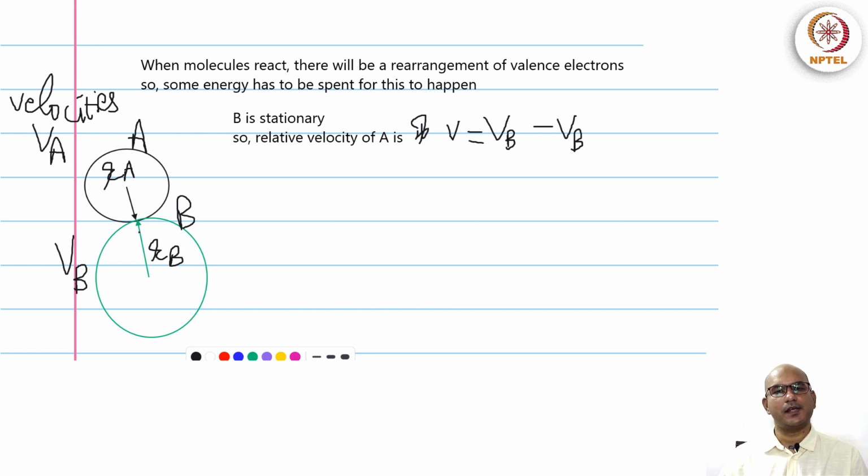Now, if A approaches B at a separation less than or equal to RA plus RB, a collision will occur.